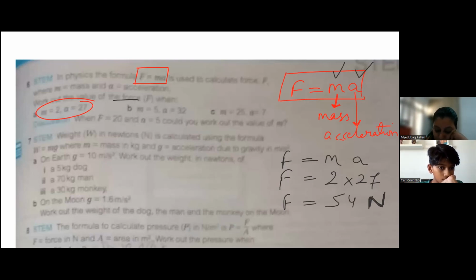Next part of this question, B part, when m is equal to 5 and a is 32, find it out for that also. What will we get? Solve it.